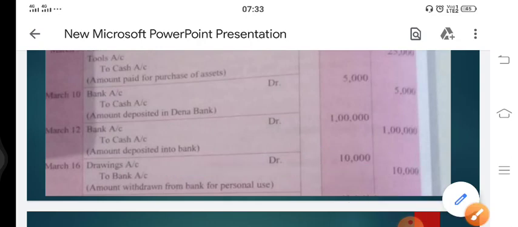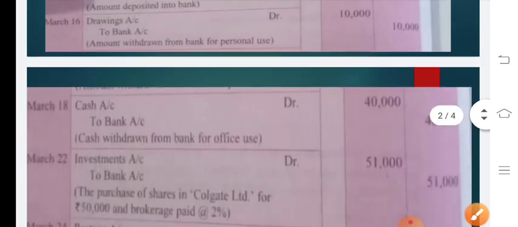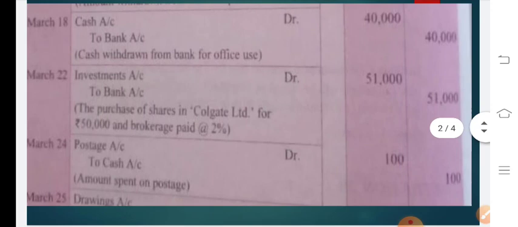Moving towards the next. The next point we have is withdrawn from bank rupees 40,000. Now see very clearly that the previous point and this point look the same but they are not the same.